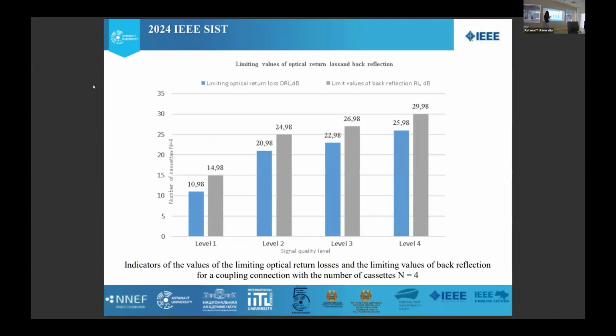And the dynamics of the values for the maximum optical return losses, the maximum values for the reverse reflection for coupling connections with the number of cassettes and for different levels of signal quality, depending on the polishing of the optical connection, is shown in this figure. You can see 4 different levels. Next slide.